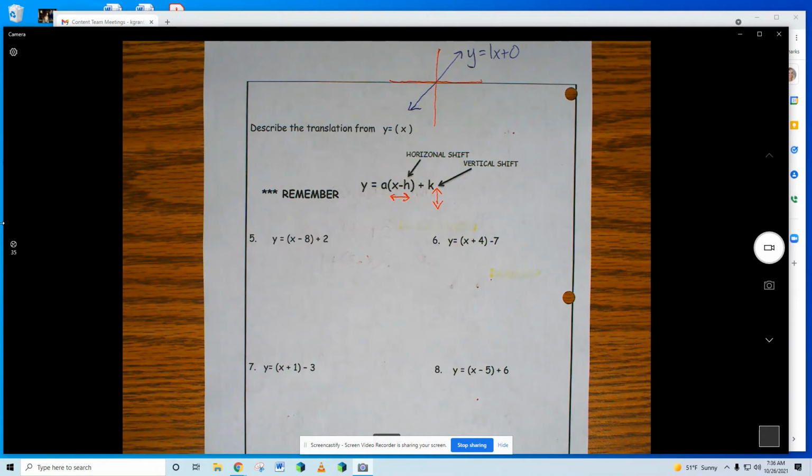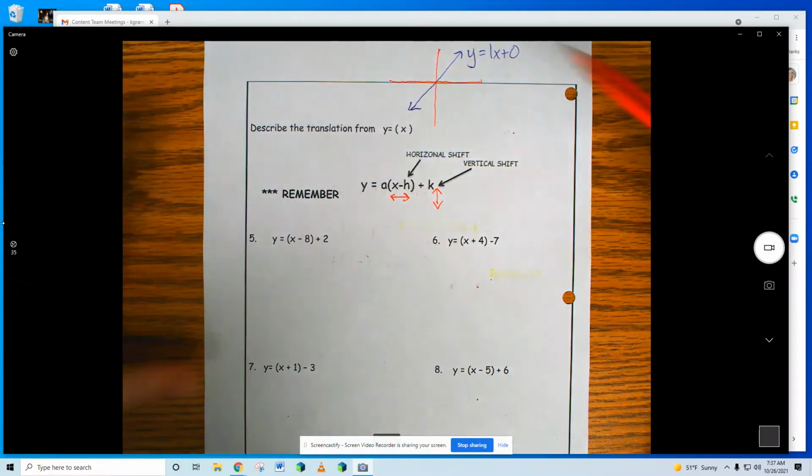Number 5. It's going to go 8 what and 2 what. So in the parentheses, that's my h, horizontal, left and right. My k, up and down. So 8 to the what and 2 to the what.